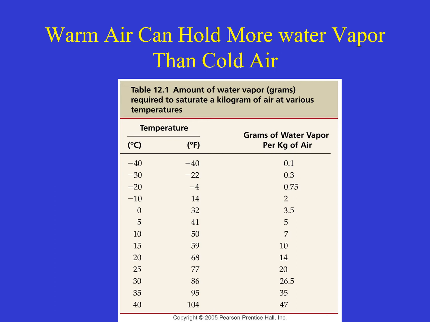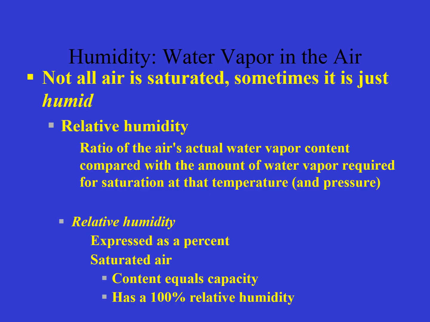How about when that air temperature reaches 95, you can now hold 35 grams, and 104, you can hold 47 grams. So if we were to plot this, this would not be a linear function. It would not be a straight line. Okay, so as the air mass warms, it can hold a lot more water vapor.